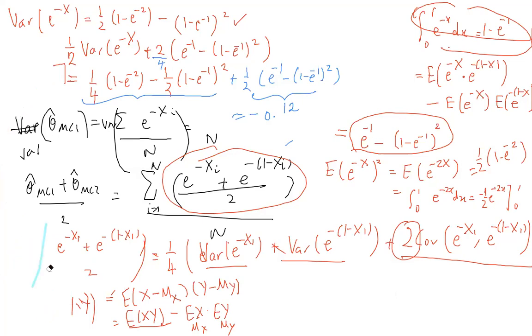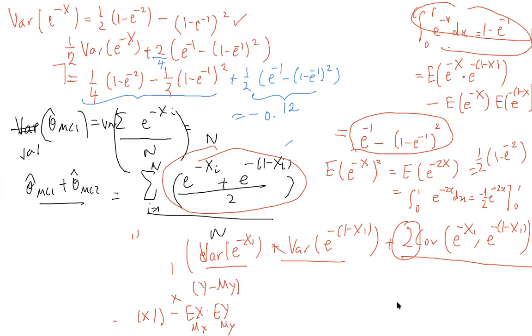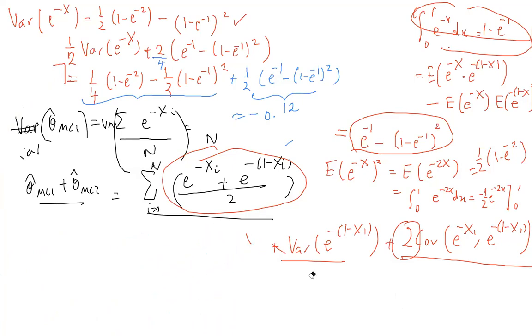So this is okay, right? Let me check this again. This should be 2. Should be correct. Okay, this will be 1/2. Okay, so this is correct, right?